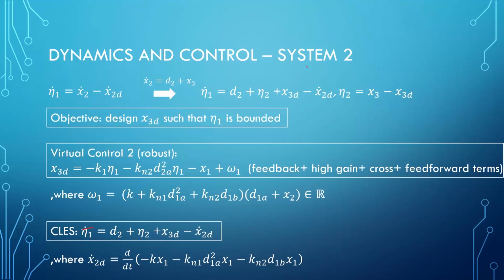Remember that x2d is the virtual control on the previous system. And here we take the time derivative, and that's required in the virtual control input too. Okay, because you want to do feed forward.